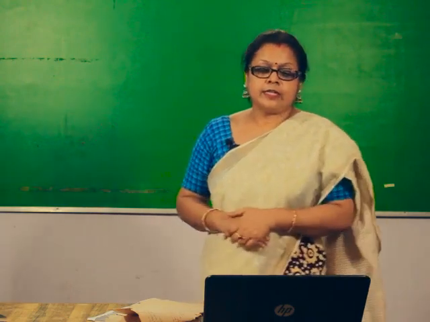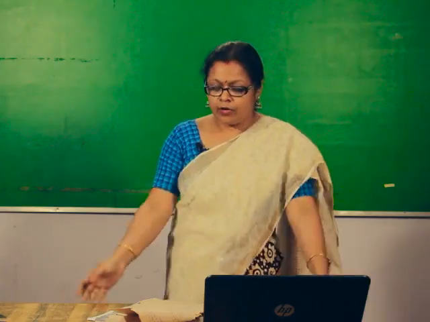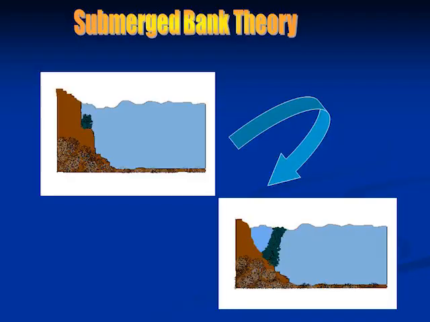Now coming to the next one, that is the submerged bank theory. Here we can follow that the coral reefs are formed on some of the peak of the landmass. Now the growth is continuous and the deposition will be continuous on that typical portion.